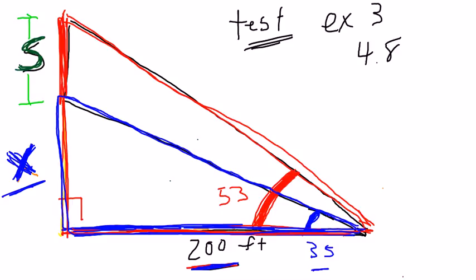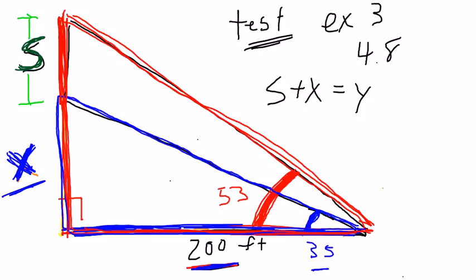In the red triangle, I can also solve for the opposite side, but in this case, that would be S plus X. So I'm going to call S plus X, I'm going to call that Y. But in this triangle, you can see that with an angle, we have an adjacent side, and we can solve for this far side, Y.